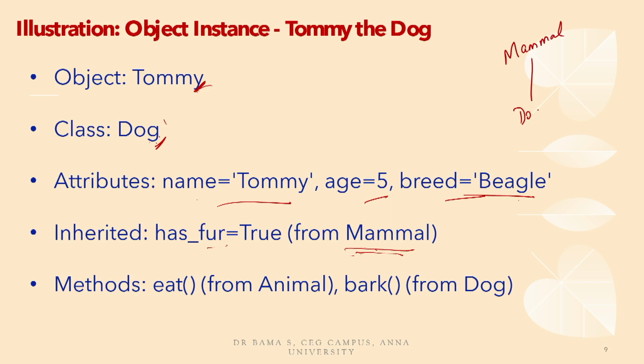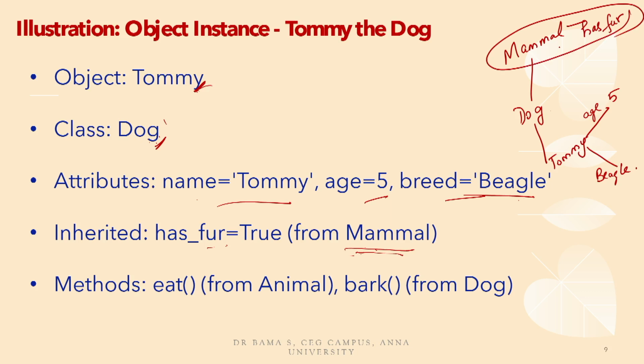and then dog, and within dog you have one part as Tommy, which has age 5 and breed Beagle. The mammal has the property fur. Since mammal has fur, this is inherited by dog and by Tommy.